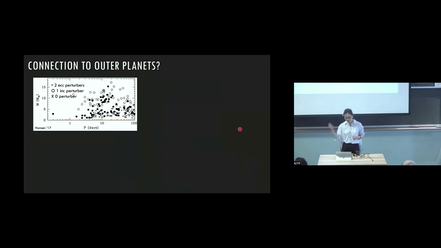Because I think this came up a few times during the discussion, I'd like to touch on this a bit. Is there any connection to the outer planets? So I've mentioned how there is probably some sort of a dynamical interaction between the USP progenitors and the outer planets. Back in 2017, something that quite caught my eye is this plot from Brad Hansen.